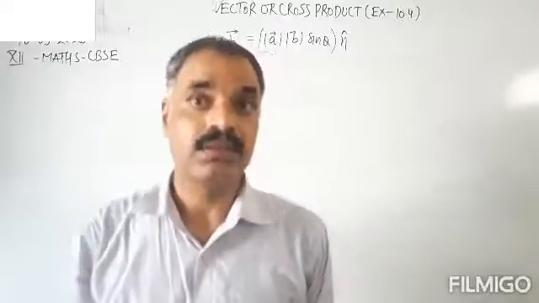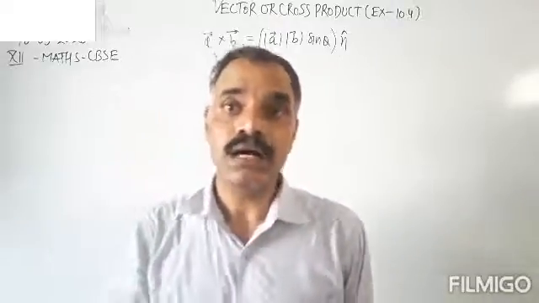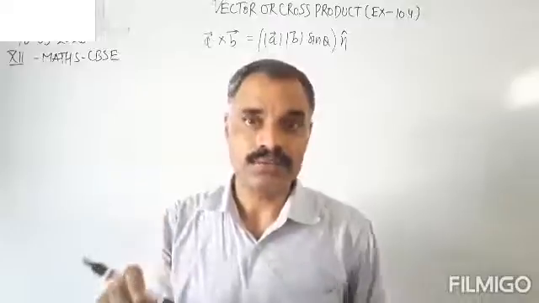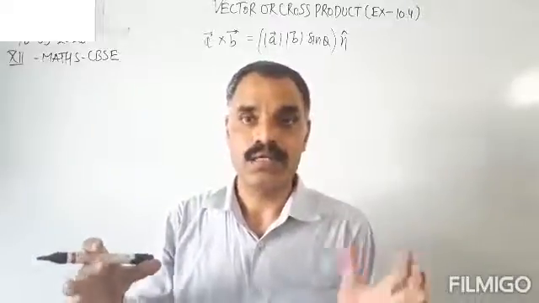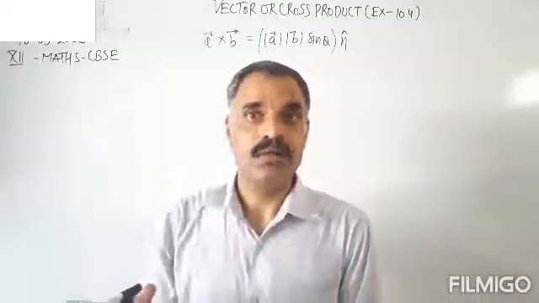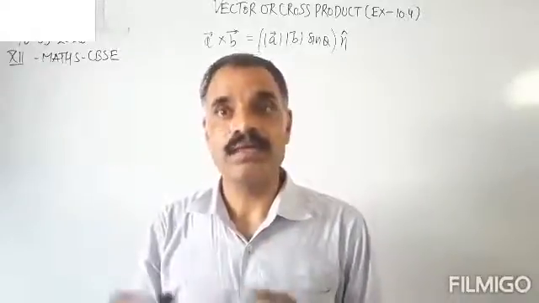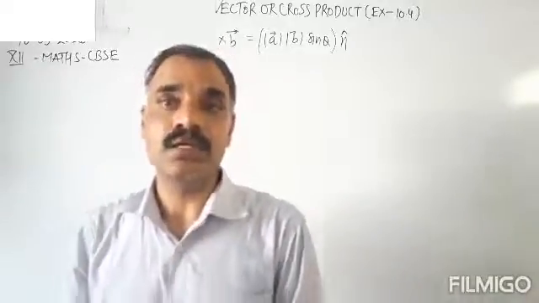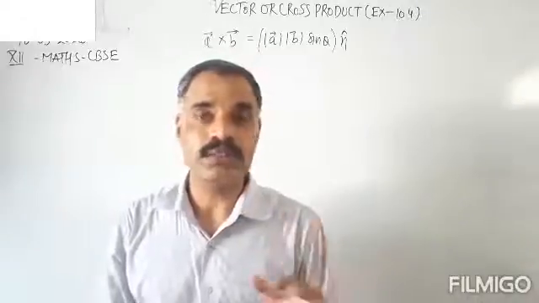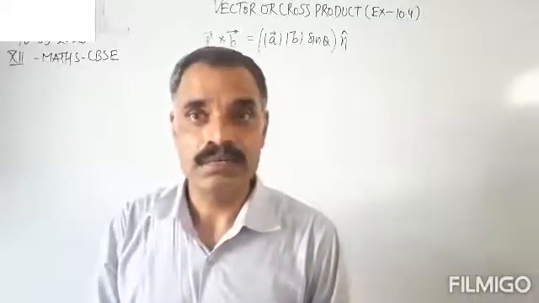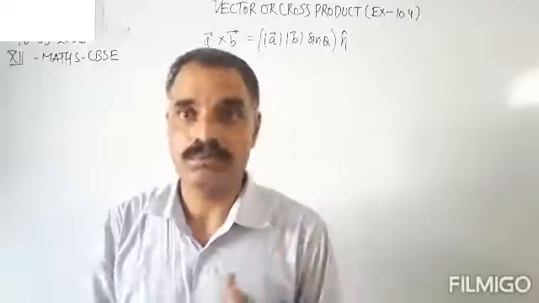N cap is the unit vector in the direction perpendicular to the plane of the vectors a vector and b vector. So that is why this product is said to be the vector product or the cross product.